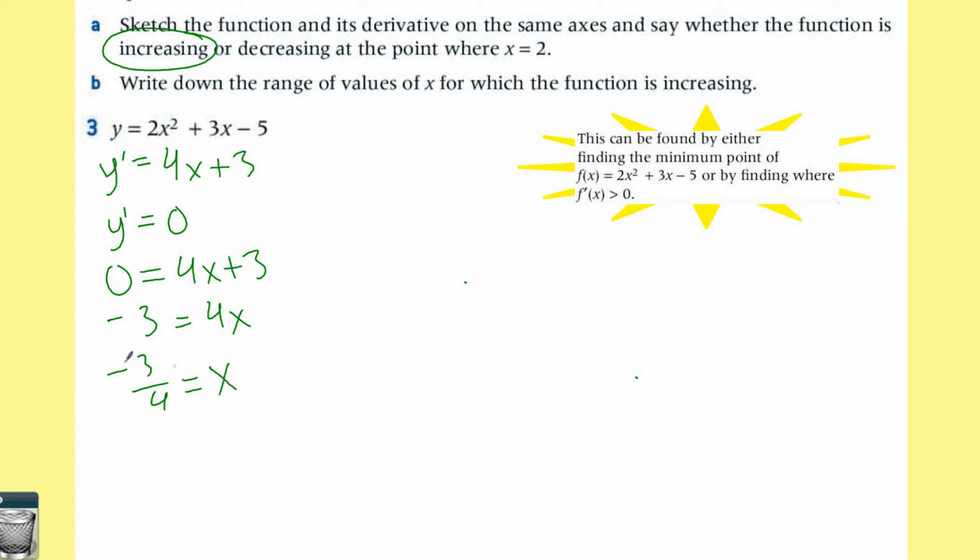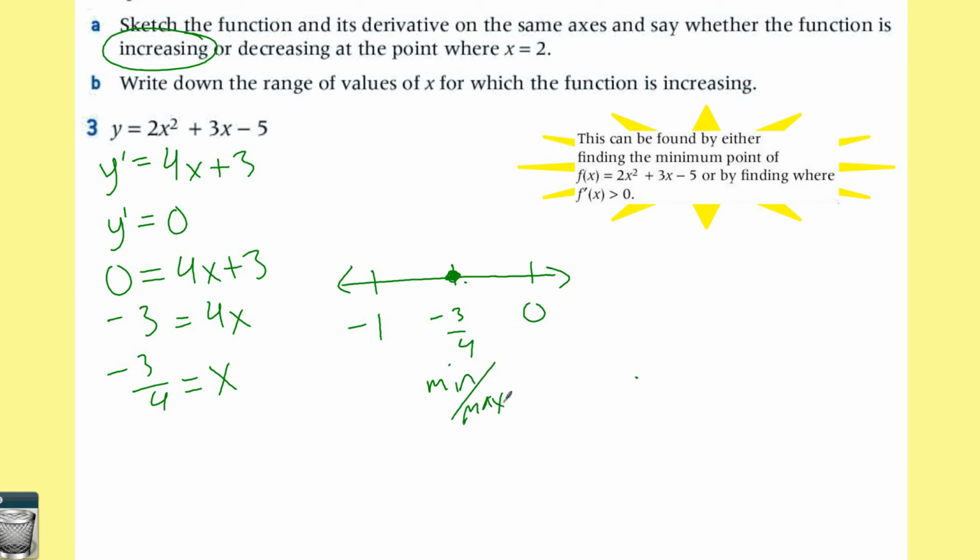At negative 3/4, it's either going to be a minimum or maximum. So think about your x-axis. You have negative 3/4. The first integer to the left would be negative 1. The first integer to the right would be 0. So that's a turning point, a min or max.